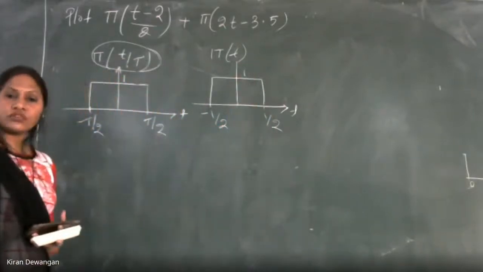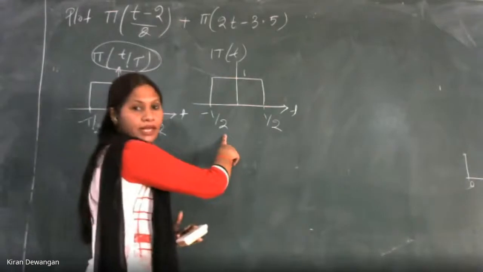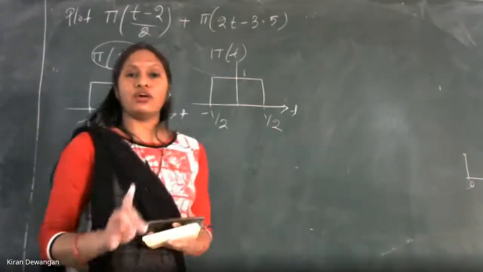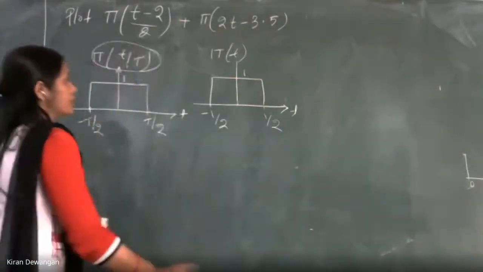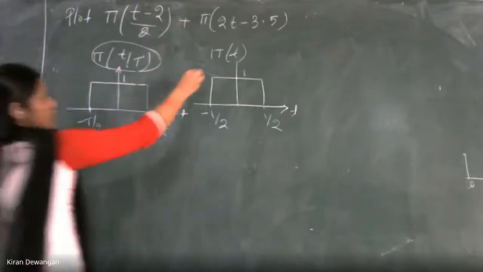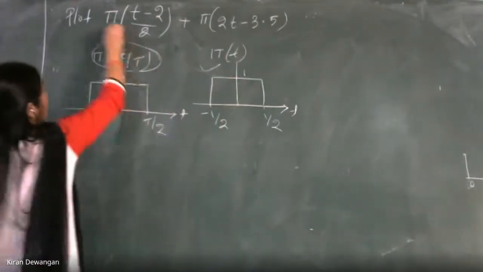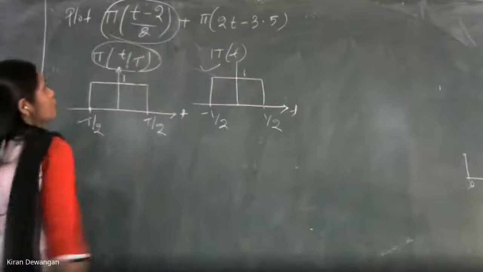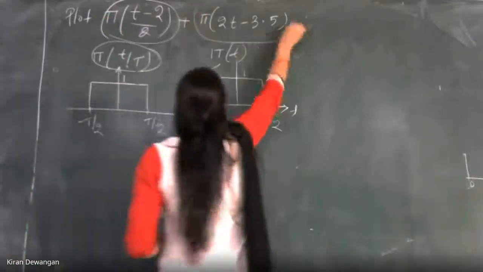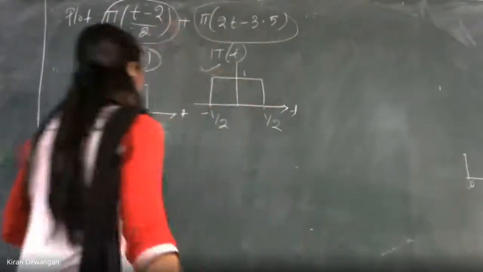Clear? So that is how we can plot our pi t, where we are taking the value of tau as 1. Now for this pi t we have to perform this signal first, then this signal, then we have to add these two signals.